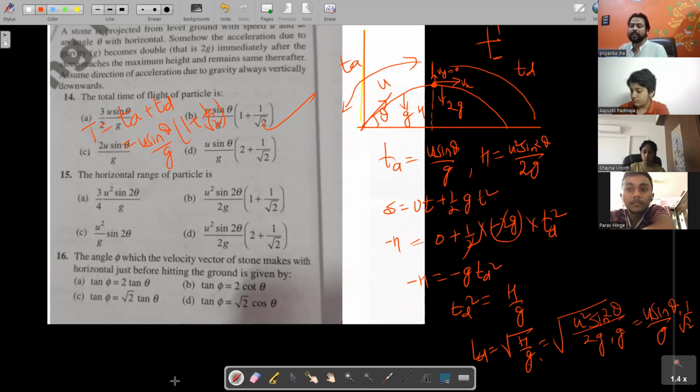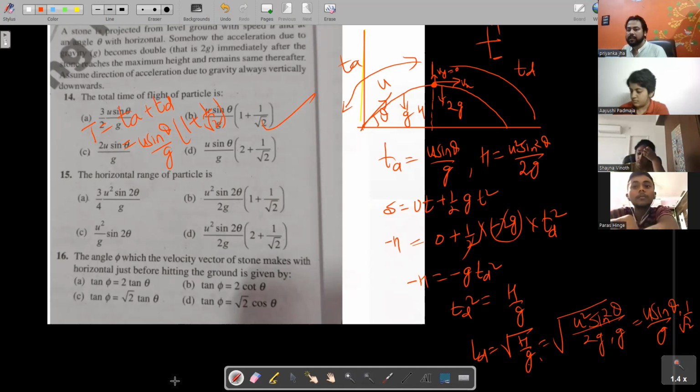Right, with acceleration g it came to maximum height. Now this maximum height will remain constant. After reaching the maximum height, it will attain double acceleration. So it will come down the same height. This height is not going to be changed.